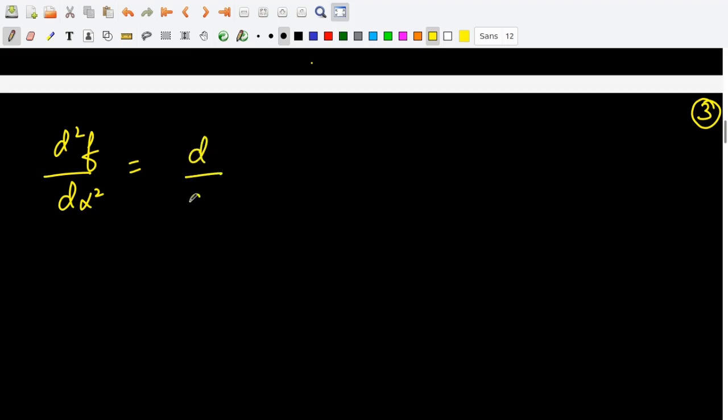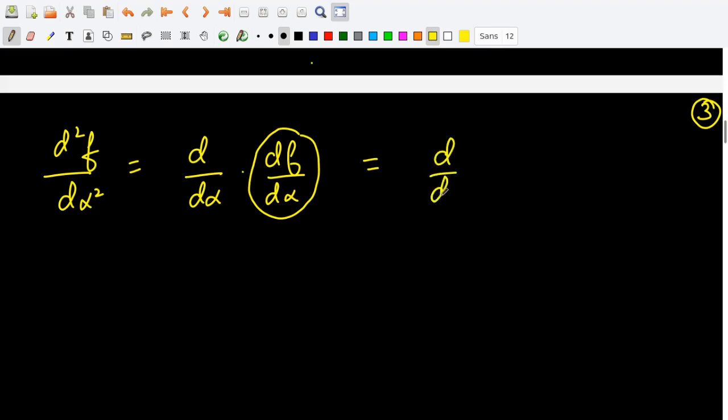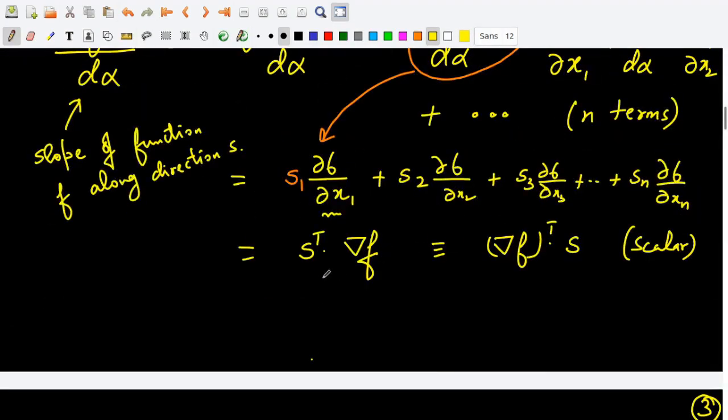This is d by d alpha of df by d alpha, and this term is your slope that we computed earlier. So I can rewrite it as d by d alpha of my previous expression.